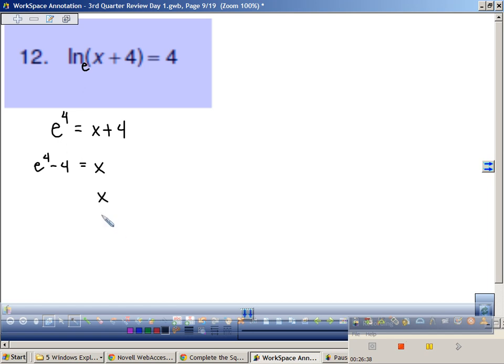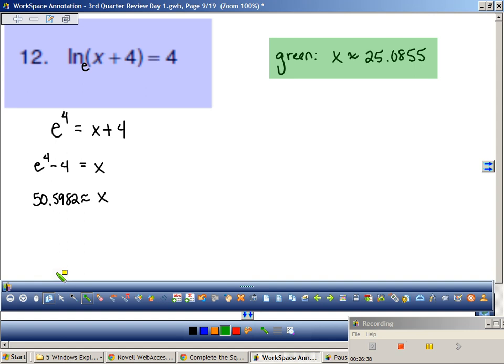X. All right. Number 12. You put that in the calculator, and you get x is about 50.598. Yeah, that's why there's a blue square right here. Green is x is about 25.0855.